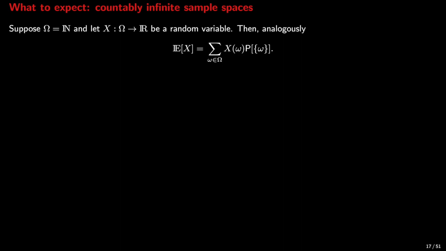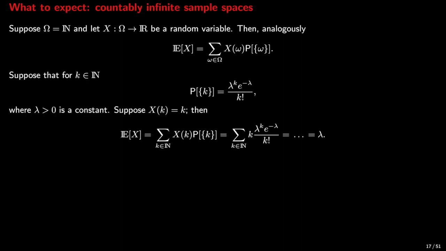So instead of having a finite sum from 1 to 6, we have a series from 1 to infinity, but the definition is the same. You sum up the product between the outcome of the random variable, x of omega, your winnings if omega happens, times the probability that omega does happen.